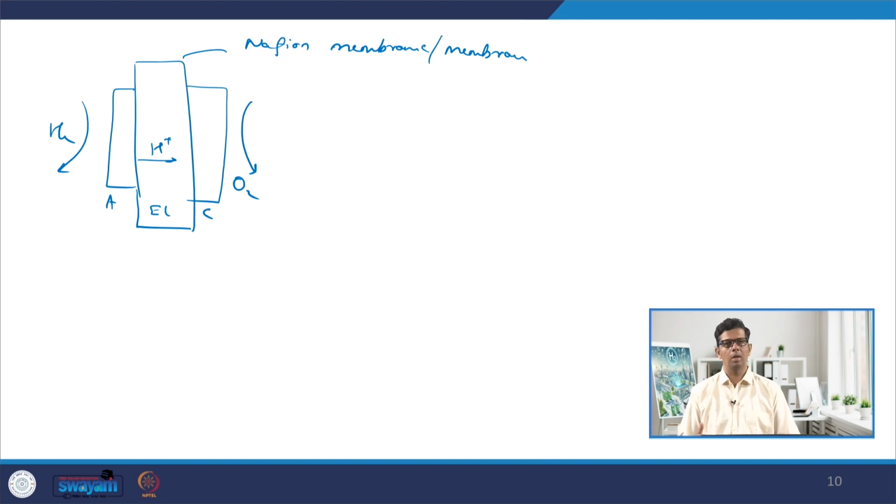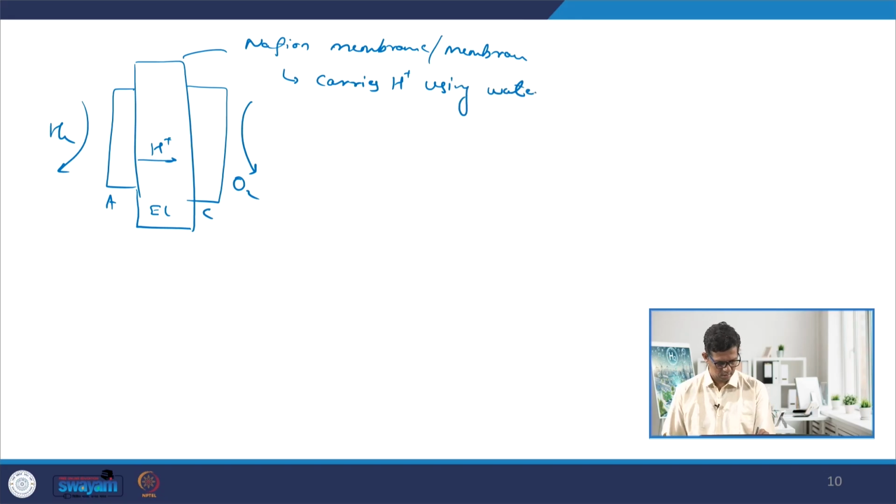If we have more water available, this water basically acts like a carrier for proton transfer from anode to cathode. So, this specialty is basically it carries protons using water molecules. The audience can refer to the proton transfer through this Nafion membrane separately.